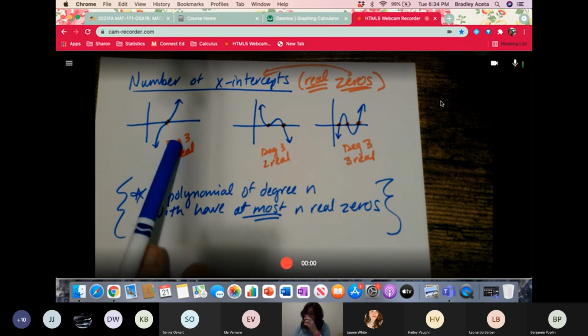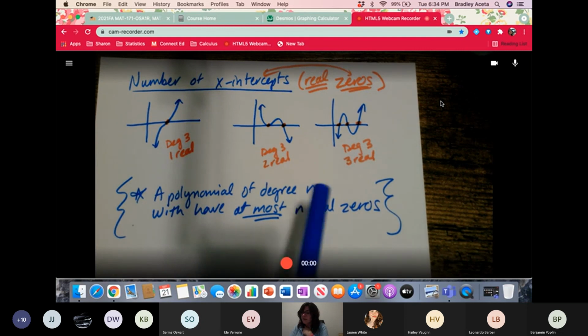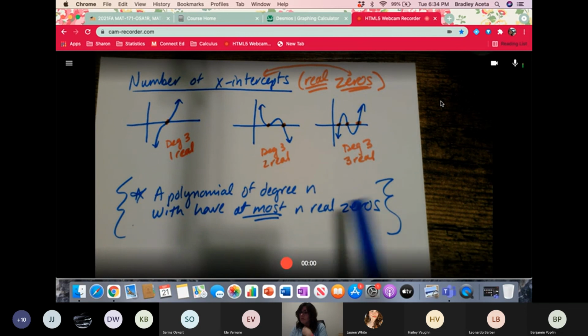So just like I had here, this is my degree 3 polynomial, 3 different ways. It doesn't always have 3 real zeros, but that's the most it could have. A degree 3 polynomial cannot have 4 real zeros. The most a degree 3 polynomial could have would be 3. It could have 2, it could have 1, but the most it could have would be 3. Okay?